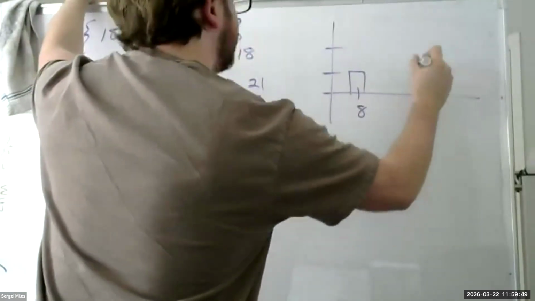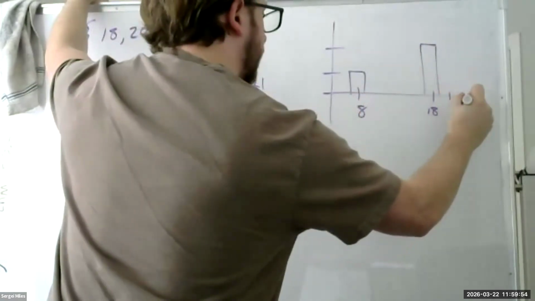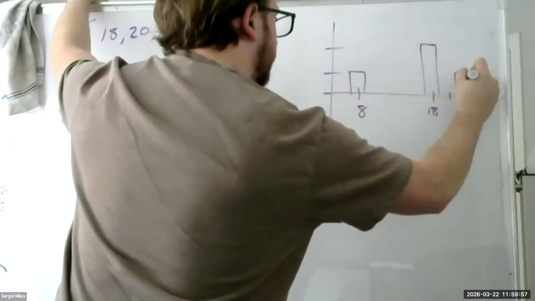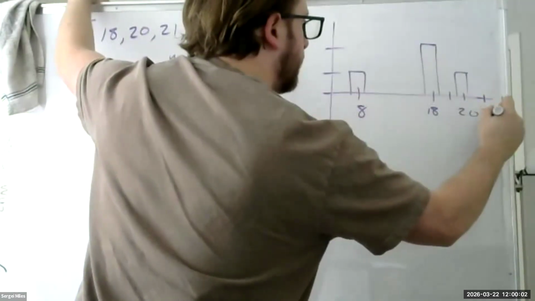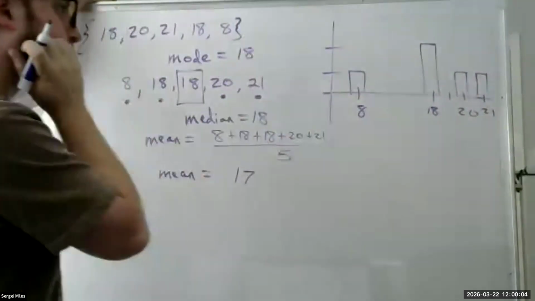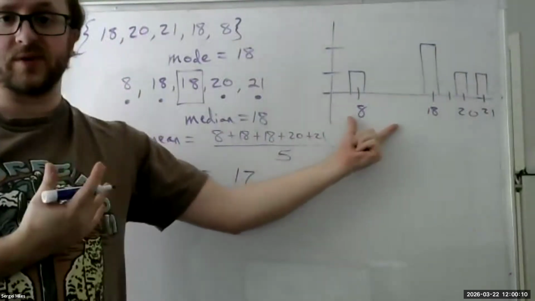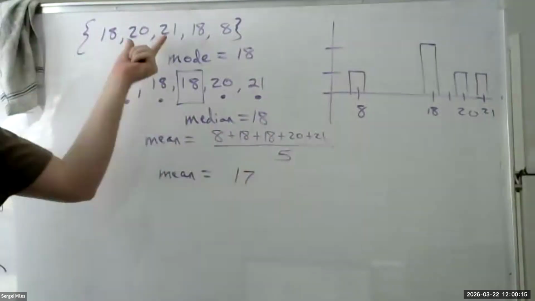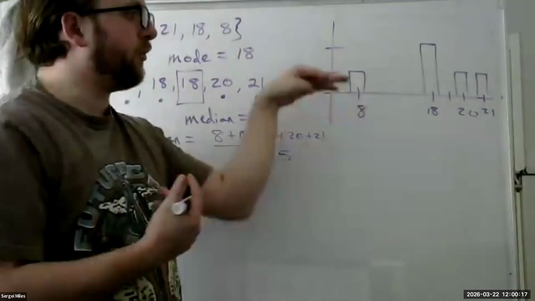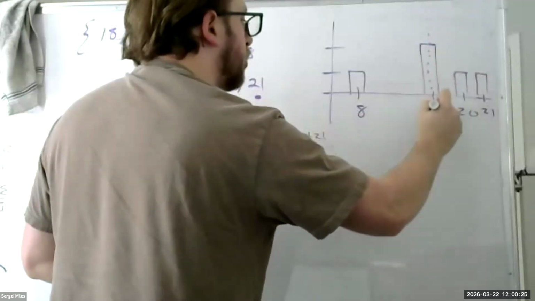And then way over here to the right, I have 18 with a frequency of 2, 20 with a frequency of 1, and 21 also with a frequency of 1. Now, first of all, this distribution that we've just created, this frequency graph, I should say, for this sample, doesn't really look like that hill shape we were talking about a moment ago, right?